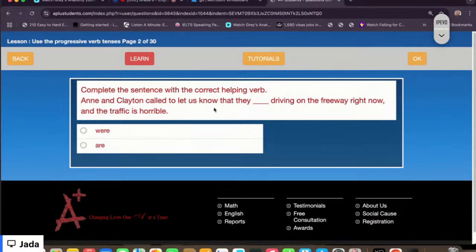Anne and Clayton called to let us know that they dash driving on the freeway right now, and the traffic is horrible. They are or they were?